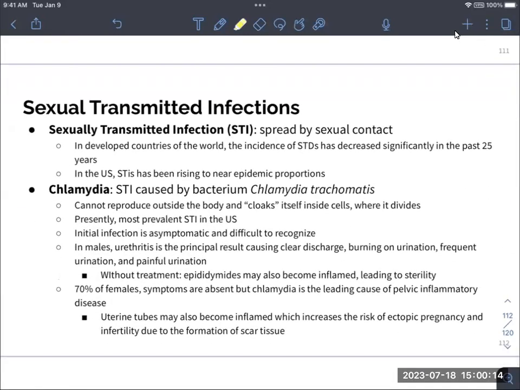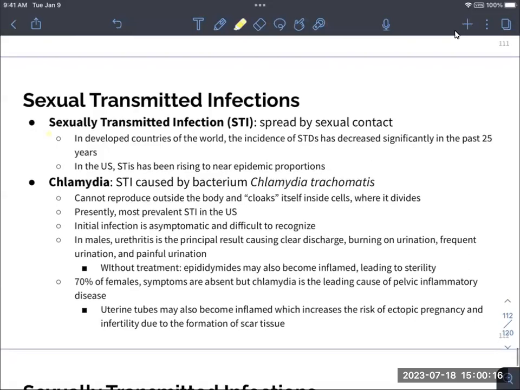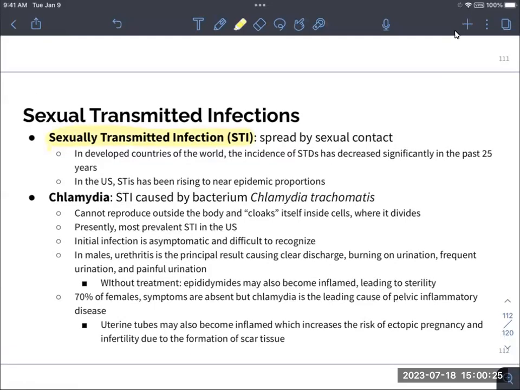Sexually transmitted diseases or sexually transmitted infections. These are different types of infections that are spread through sexual contact. So we're going to look at these different STIs. Here's an interesting number.